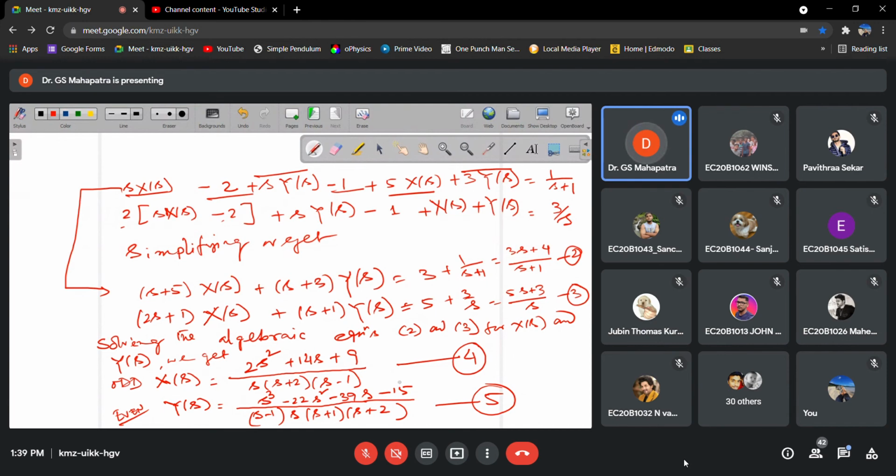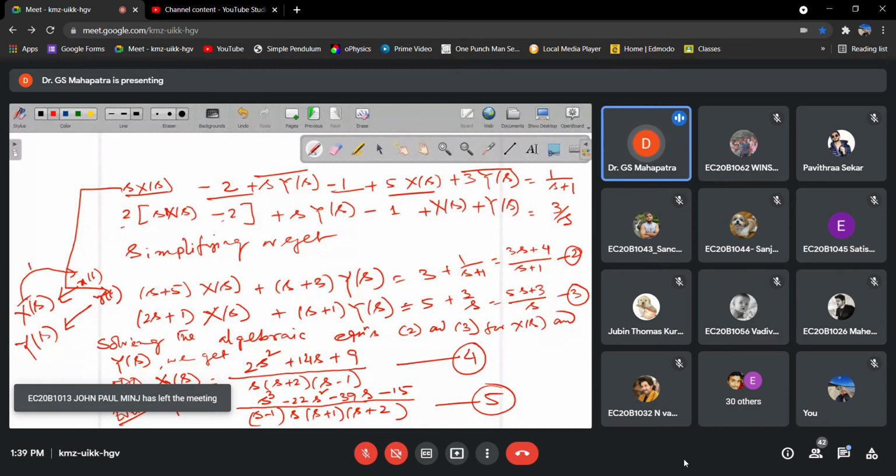X of s is the Laplace transform of x of t, and Y of s is the Laplace transform of y of t. Now you have this, so to find x of t and y of t, you have to use inverse Laplace transform. So this is the third step now.